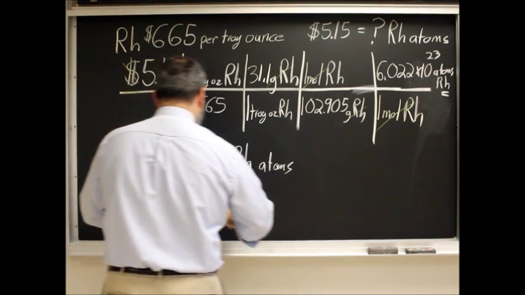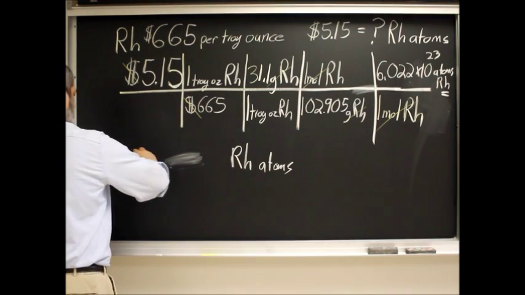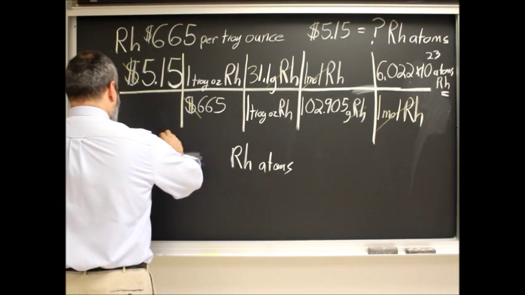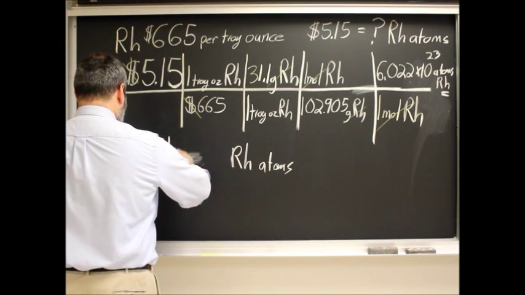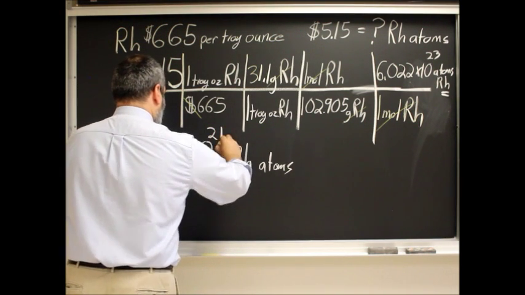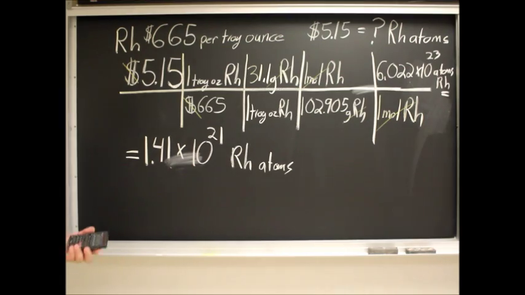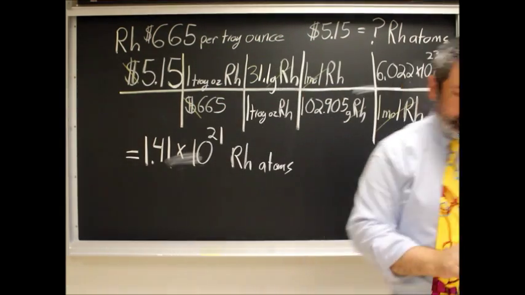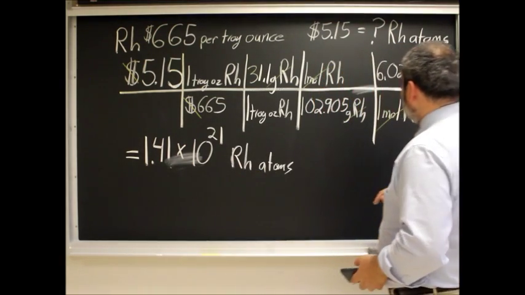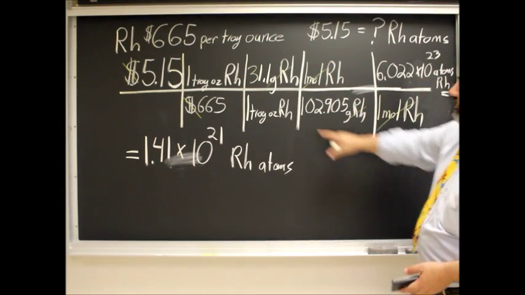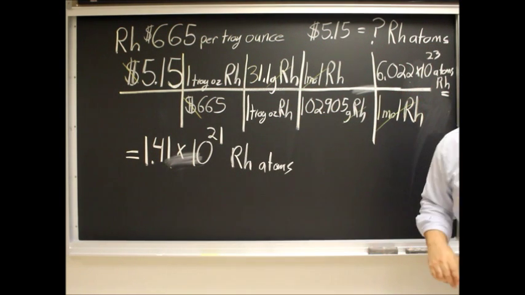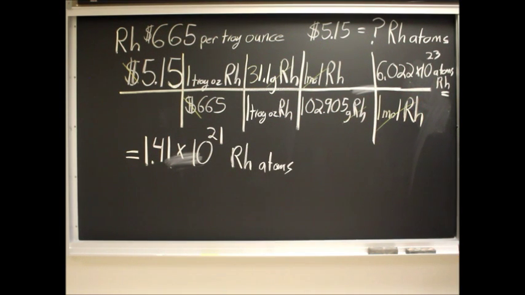And this gives me 1.41 times 10 to the 21st rhodium atoms. Three significant figures, so this also has three significant figures. So that works out to 1.41 times 10 to the 21st atoms.